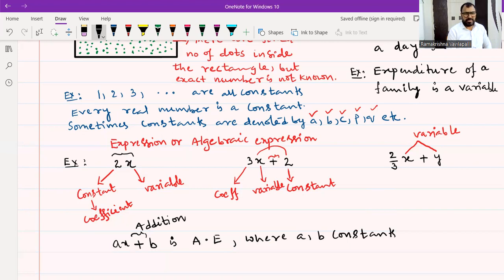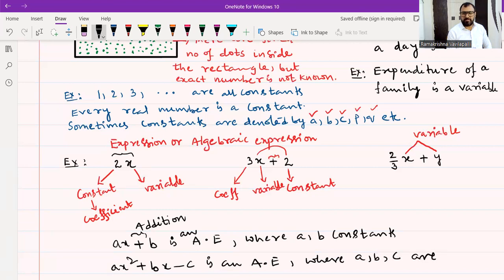Like this, ax square plus bx plus or minus c is an algebraic expression, where a, b, c are constants.